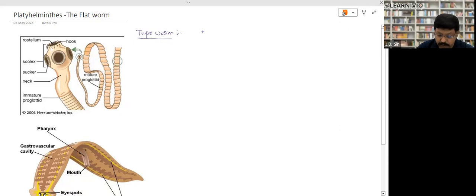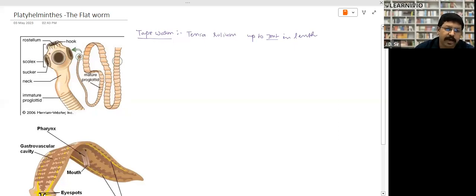This tapeworm looks like the inch tape that a tailor uses. Its scientific name is Taenia solium, basically. Tapeworm or Taenia solium can be up to 7 meters in length.